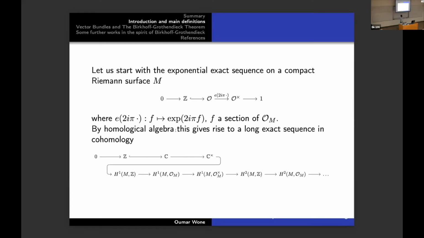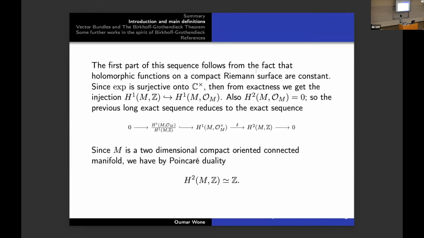Now we know from homological algebra that if we have an exact sequence of sheaves, this will induce an exact sequence of cohomology groups. And here the first part, C and C^*, is due to the fact that we have a compact Riemann surface, and so the holomorphic functions on it are constant.